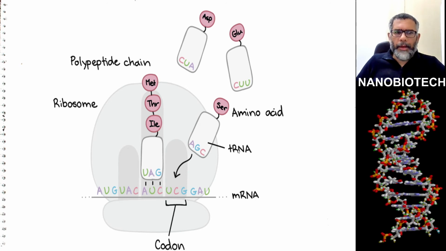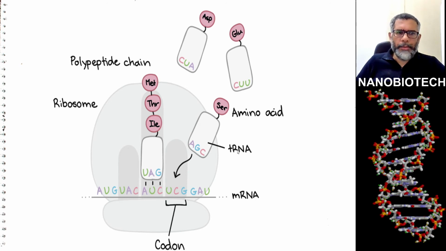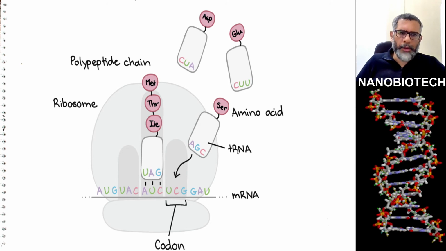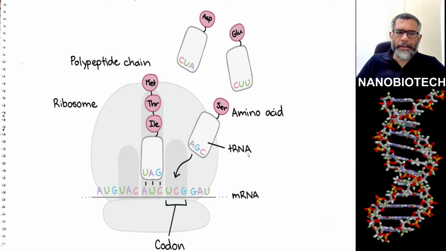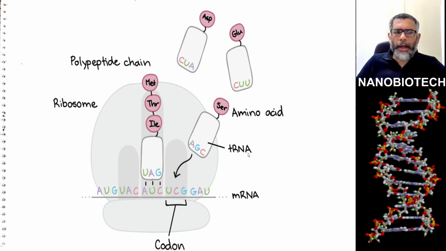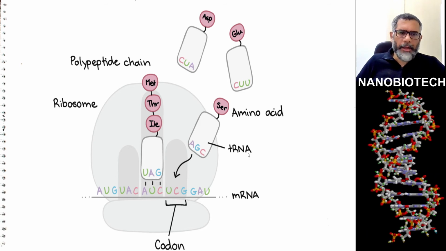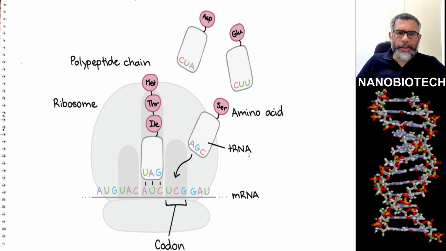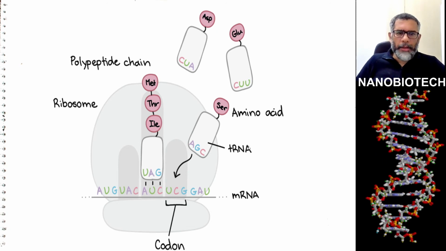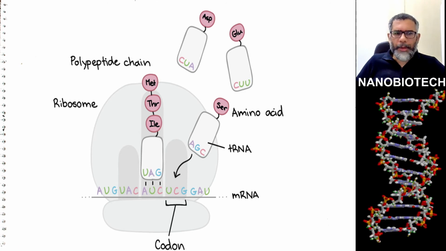Instead, it depends on a group of specialized RNA molecules called transfer RNAs, or tRNAs. Each tRNA has a three-nucleotide sequence sticking out one end, which can base pair with just one or a few particular codons.